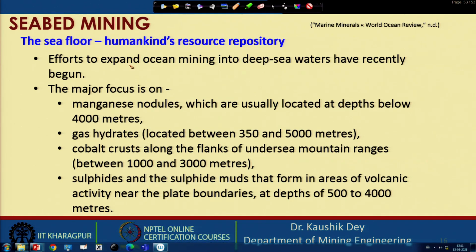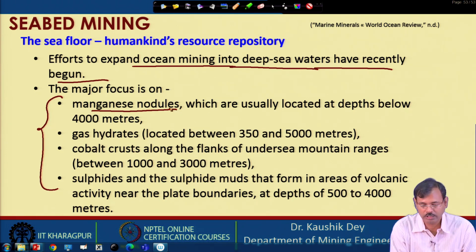Ocean mining has been tried very recently. The major focus is on the manganese nodules, especially for Indian considerations. The Indian Ocean and Bay of Bengal both have a good source of manganese nodules, gas hydrates, and cobalt crusts, and sulphide muds are also available, where volcanic eruptions occur at a depth of 4000 to 5000 meters.